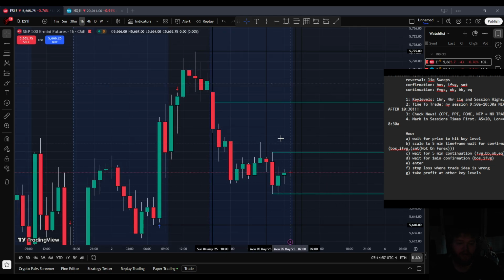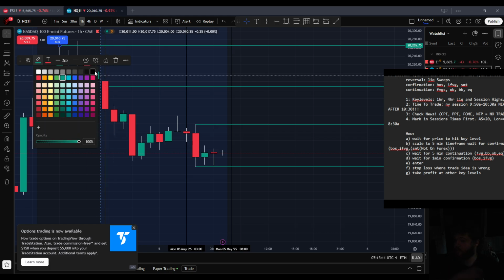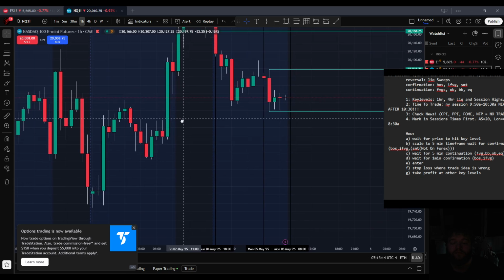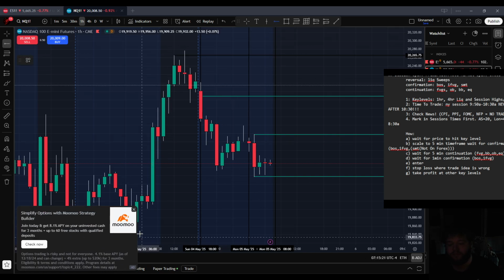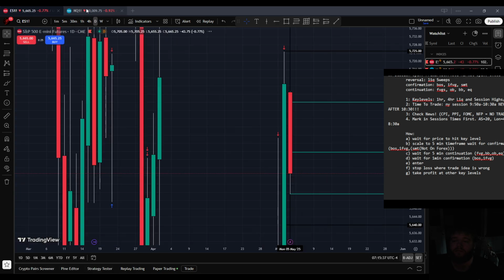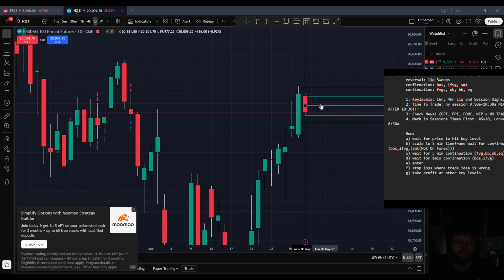We have our key level set up here. Same story here. There's our first retrace there.